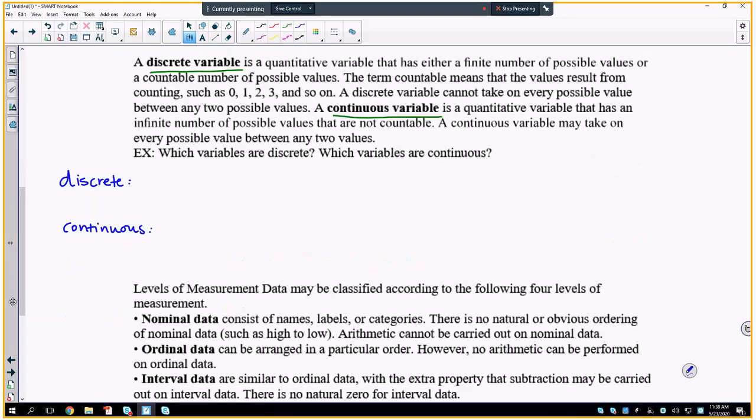Discrete variables, we said number of floors, HMO ranking, and the year opened. And for continuous, we just had number of patients per nurse.